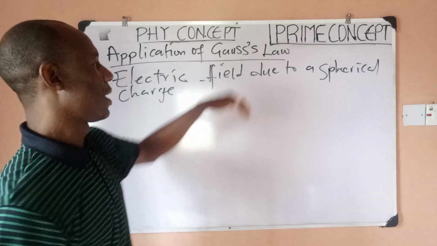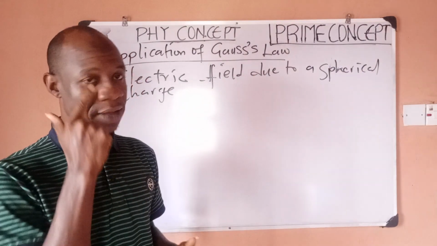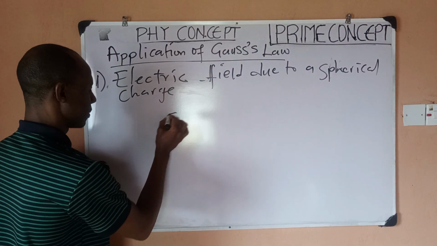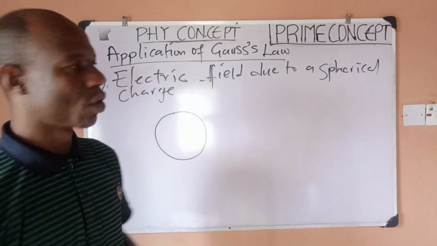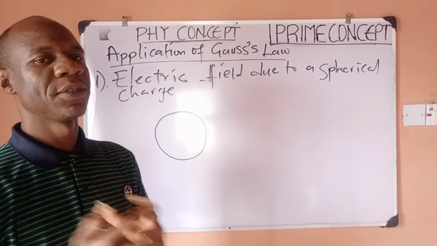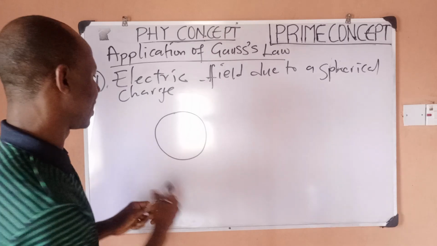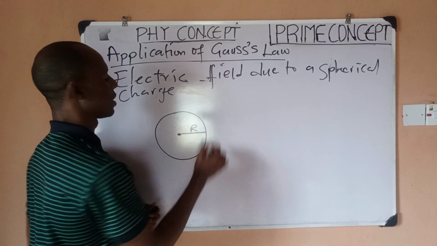So we want to look at electric field due to a spherical charge. Now say we have a spherical charge like this. This is a spherical charge. We're going to consider the electric field at certain points from this spherical charge that has a radius. The radius of this spherical charge, I'm going to call it R.